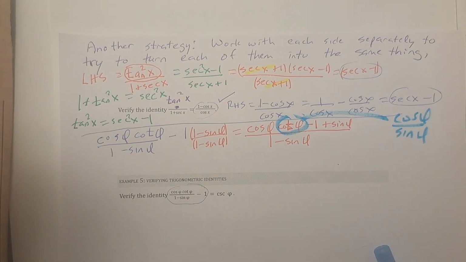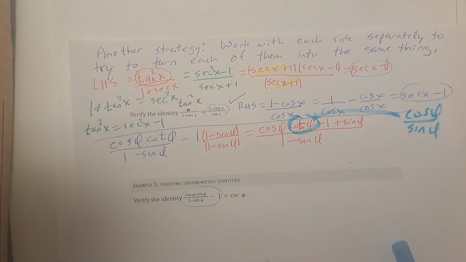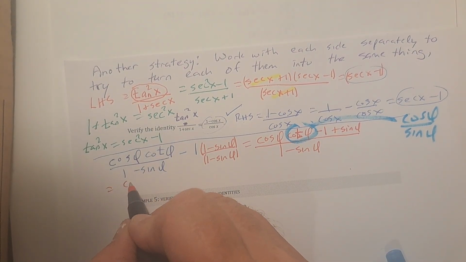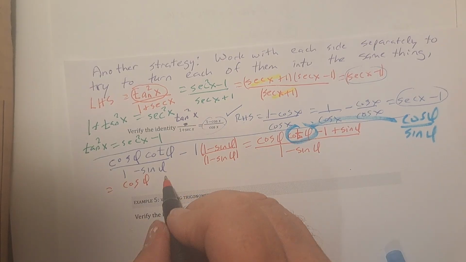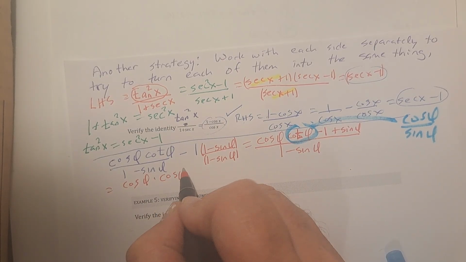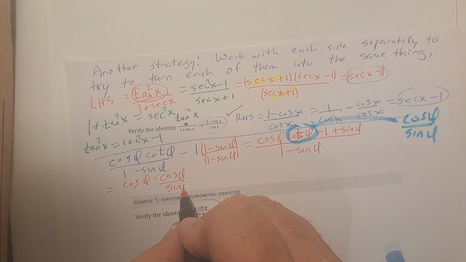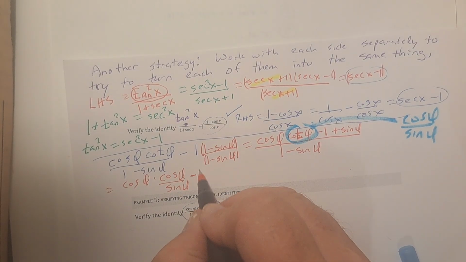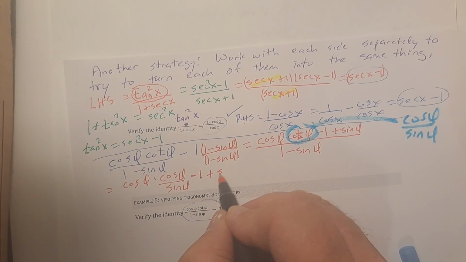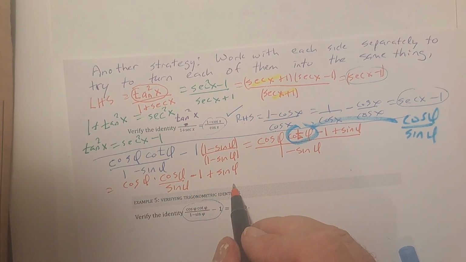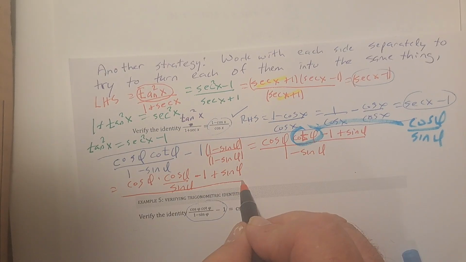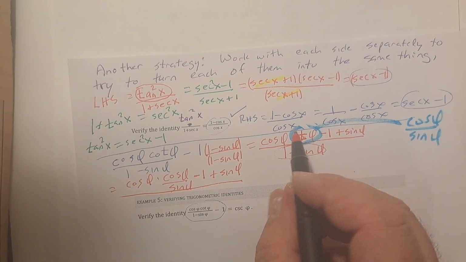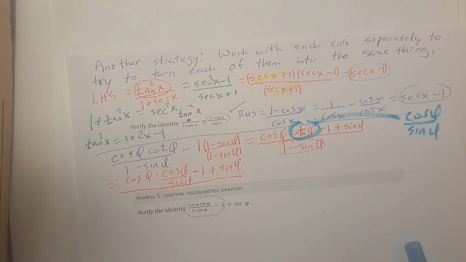Okay, so when we stick that in there, we'll get cosine of phi times cosine of phi over the sine of phi minus 1 plus the sine of phi, all divided by 1 minus sine of phi.